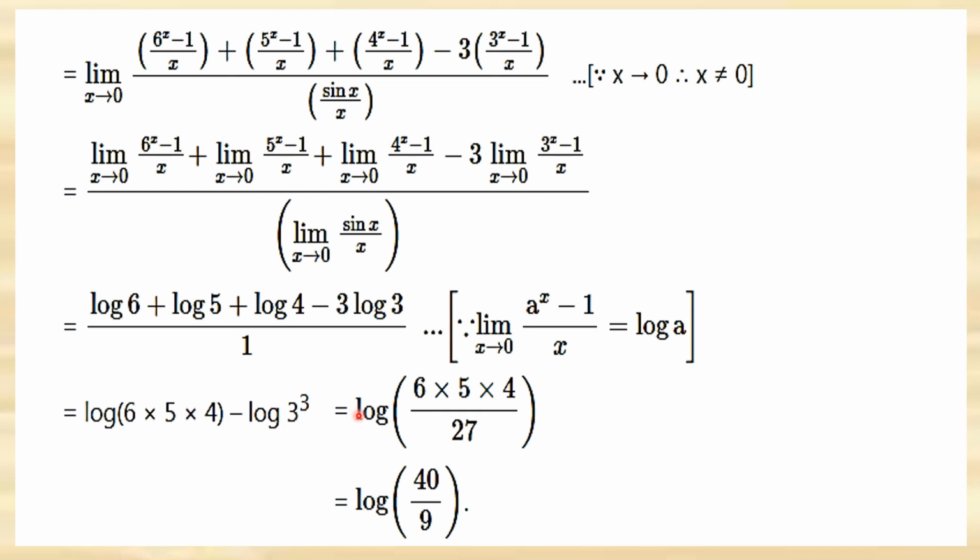So log a minus log b form, so log a upon b. So log 6 into 5 into 4, that is 120, divided by 27. After simplifying, you can cancel 3 from numerator and denominator, then we will get the value log 40 upon 9 as the value of the given limit.